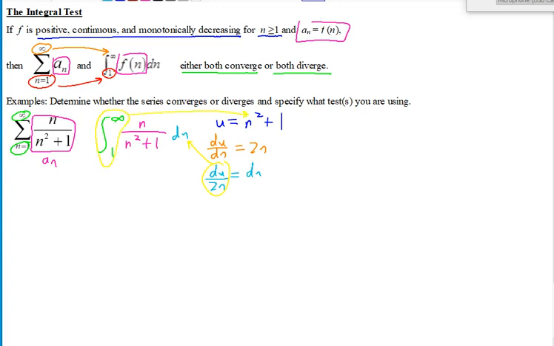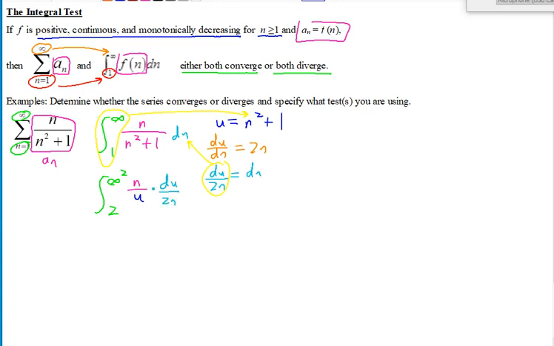So you substitute in infinity. And it'll be infinity squared plus 1. So the plus 1 is negligible, so we just have infinity squared. We substitute 1, we get 1 plus 1 is 2. And then we still have this n over, now we replace that whole denominator with u. And then the n we figured out is u over 2n.